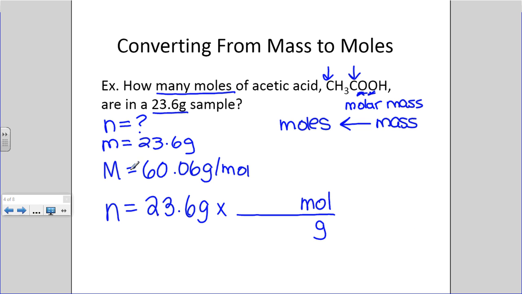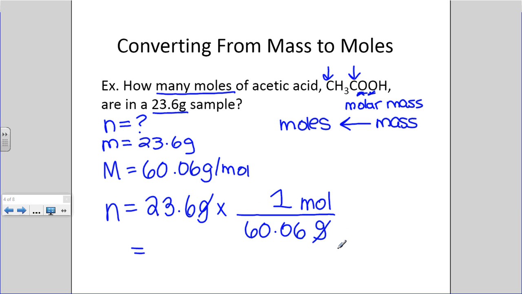So now when I go back and look at my molar mass, I'm going to put my 1 mole on top and my 60.06 goes on the bottom in the denominator. Then in our calculator, all you have to do is 23.6 grams times 1, doesn't change the number, and then divided by 60.06 grams.